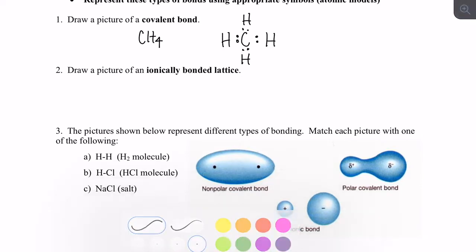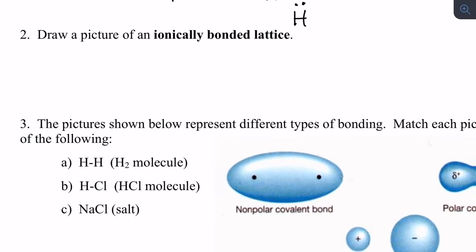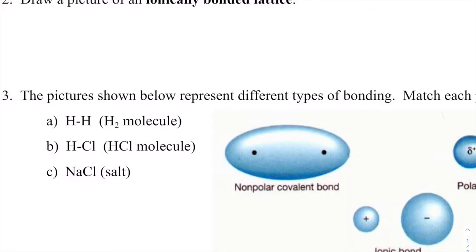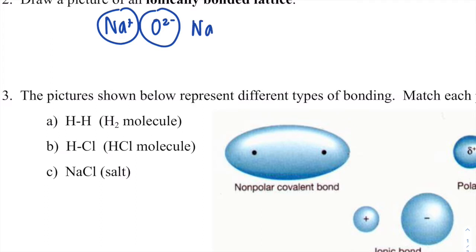For number 2, again, you could draw any various type of ionically bonded lattice. Just make sure that you are drawing a lattice and that you have many of them and that you're using the bubble structure for your picture. So let's say, for instance, I wanted to do sodium oxide. So I've got sodium, my oxygen, and another sodium.